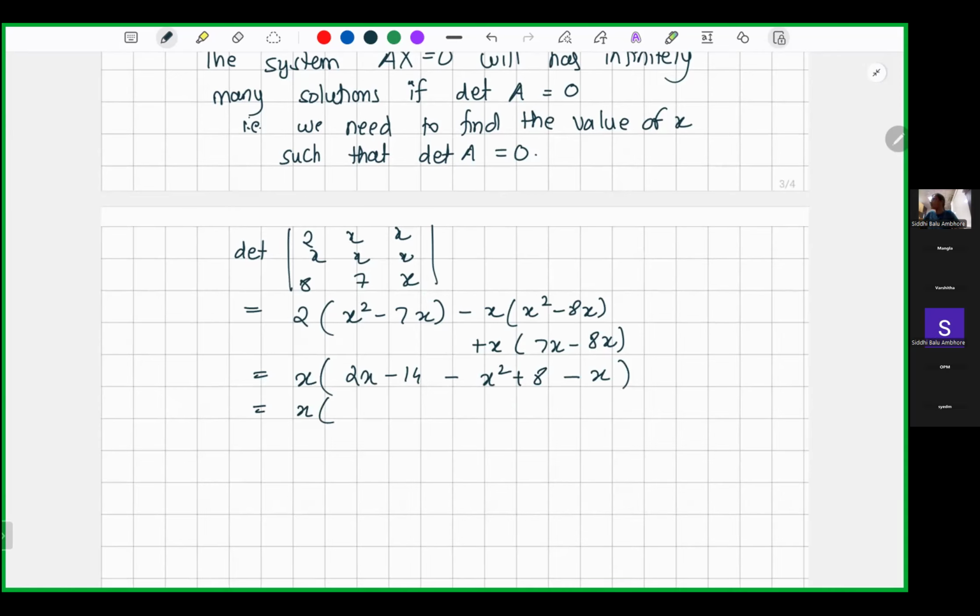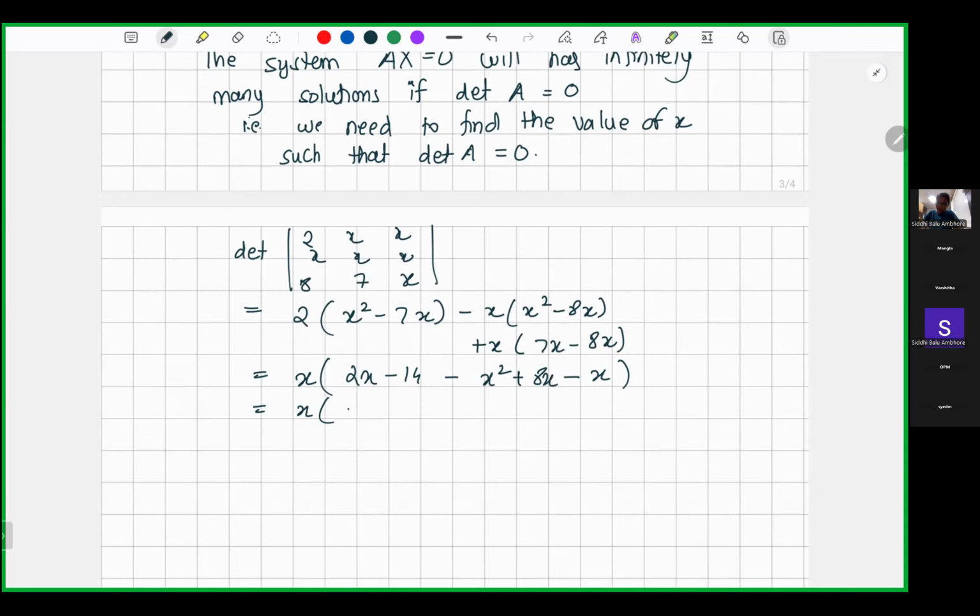I hope I am calculating it correctly. This is 8x, yeah, 8x here and x.